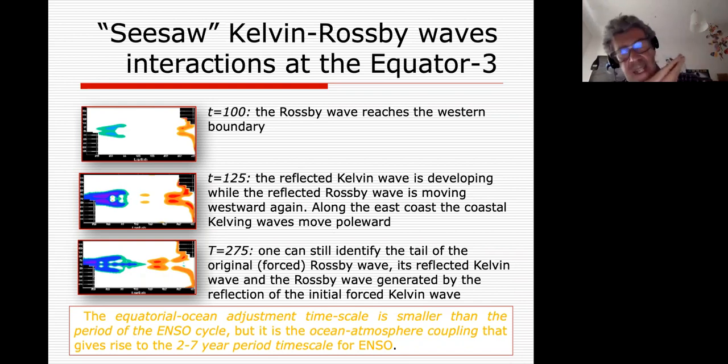We didn't say anything about heat content, and obviously heat content has a longer scale, and the complex ocean-atmosphere interaction also plays a role in prolonging the time scale to what is more realistic, I mean, the 2 to 7 year period, which is the typical time scale for ENSO.